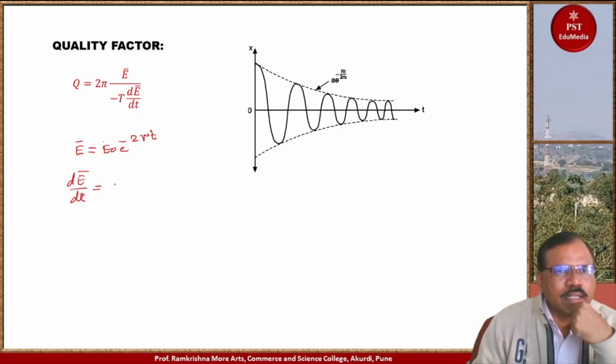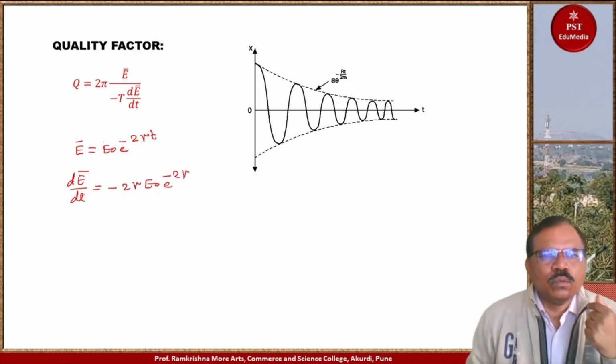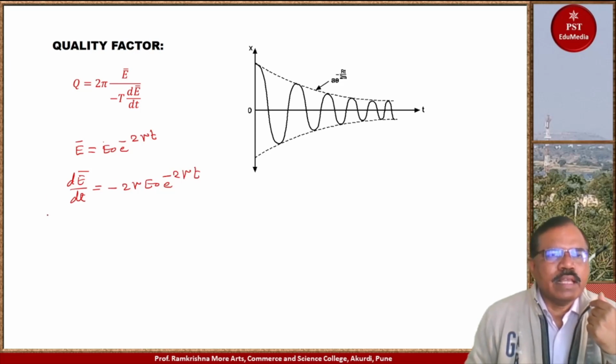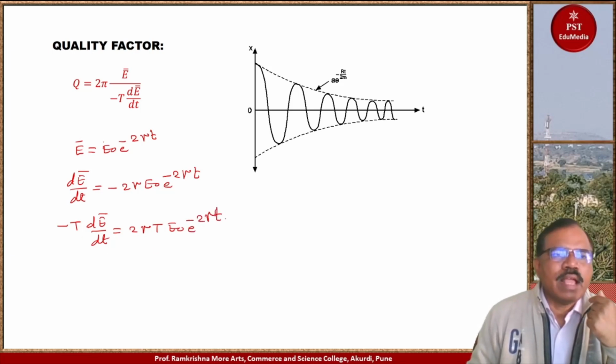You will get minus 2 gamma E0 e raised to minus 2 gamma t. Then we take the minus sign, so minus T into dE bar by dt gives 2 gamma T E0 e raised to minus 2 gamma t, and take the ratio.